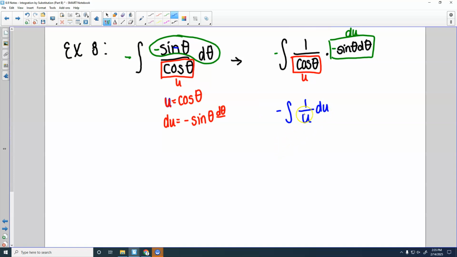What is our integral of 1 over u? Natural log. So negative natural log of the absolute value of u plus c. And so if we plug this back in, we got negative natural log of the absolute value of cosine of theta plus c.